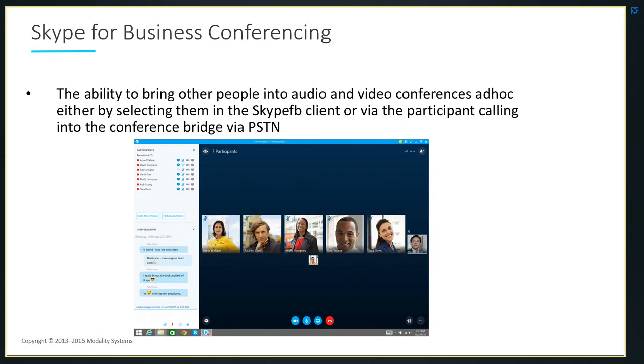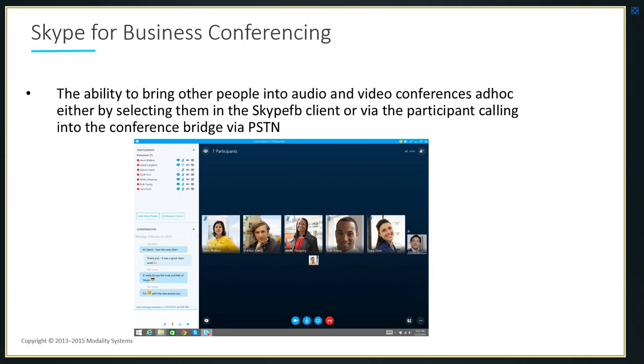So just touching on a couple of those points in this slide. This is the ability, as mentioned, to have a conference and see people as multi-party, see the whites of their eyes when they're in a conference. And it's not like it was previously in Lync conferences where you only saw the active speakers, their audio and video.